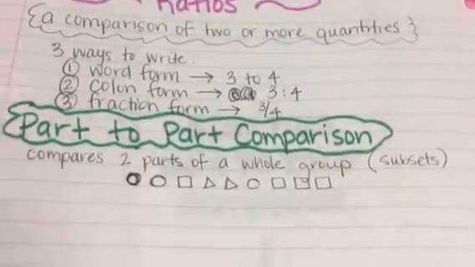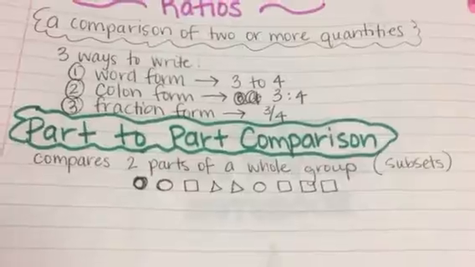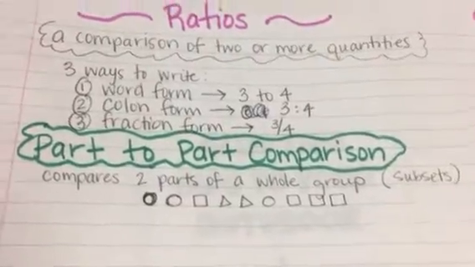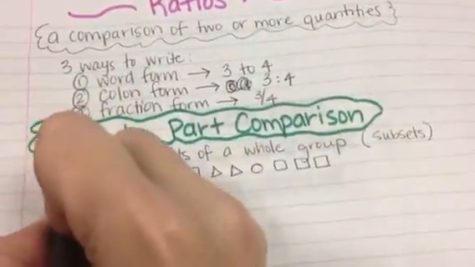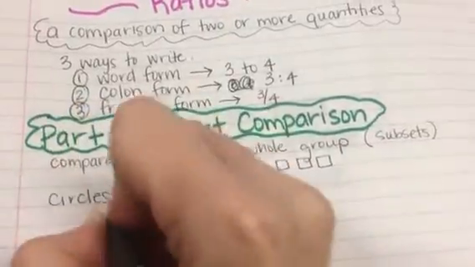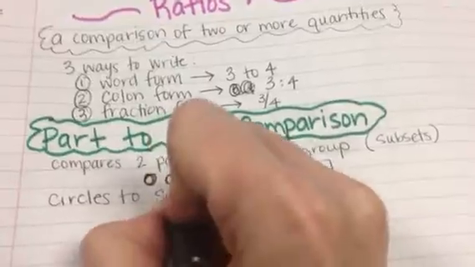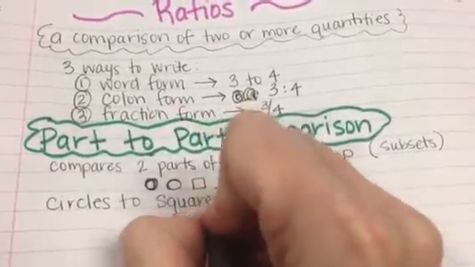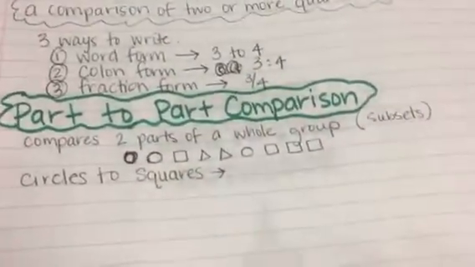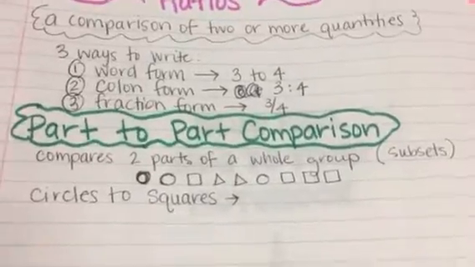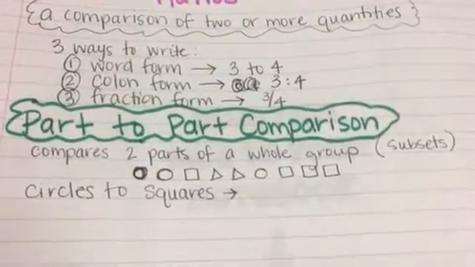If you need to pause the video and draw those shapes, take just a second. Now I can tell you that the number one problem that students have when they are trying to determine ratios is that they don't look carefully at what they are supposed to be comparing. In this example, I would like you to compare the number of circles to the number of squares.